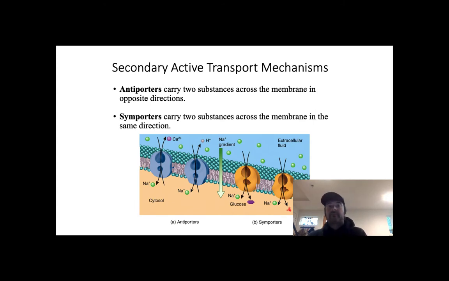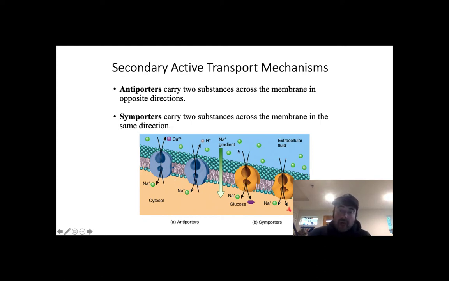So, secondary active transport. Whenever you see the movement of sodium coupled to the movement of any other ion, we are talking about secondary active transport because at that point the electrochemical gradient is being used. Antiporters move solute particles in opposite directions. So in this case, the energy from sodium is being used to move calcium in the opposite direction. You're going to notice that calcium always has a higher concentration outside the cell than inside the cell as a consequence of this secondary active transport process.